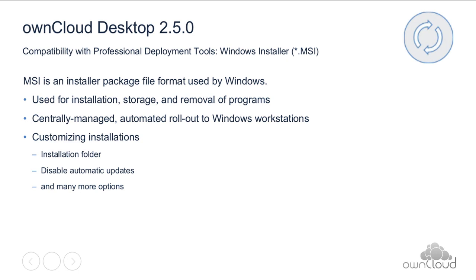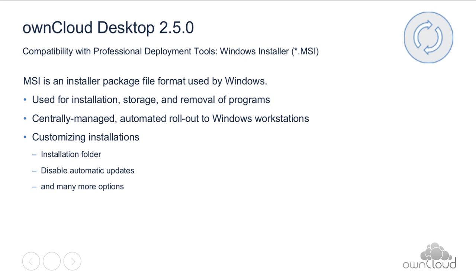The compatibility with professional deployment tools, the Windows installer. Many administrators of large companies will love the fact that we now deliver MSI packages. Microsoft Software Installer is, as the name suggests, used to install, save, and uninstall software on the Windows side.